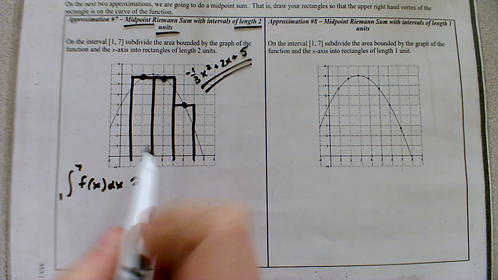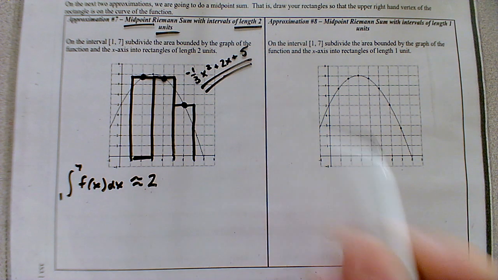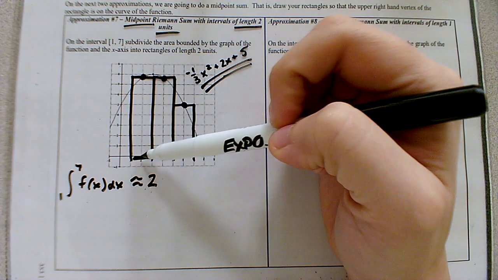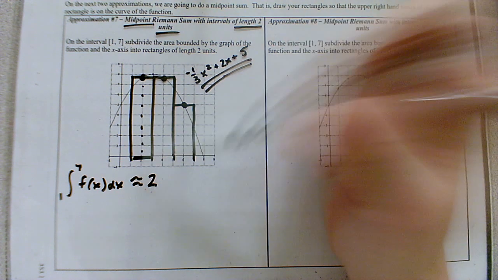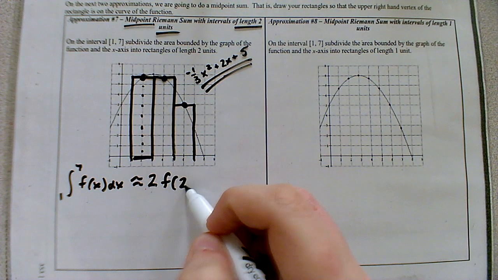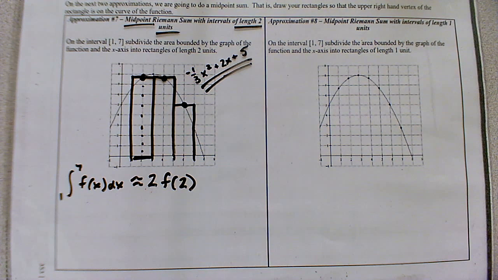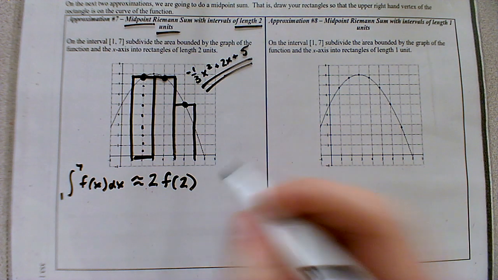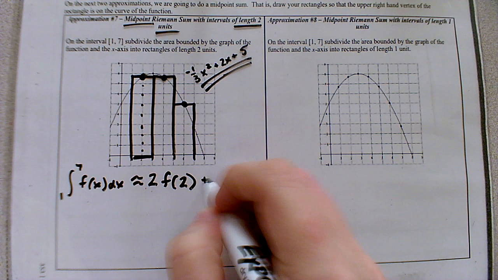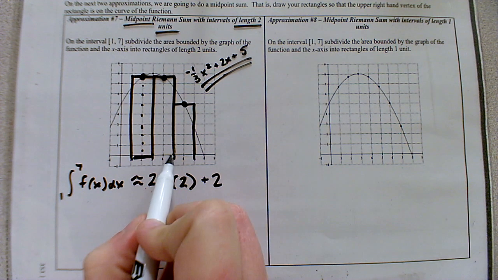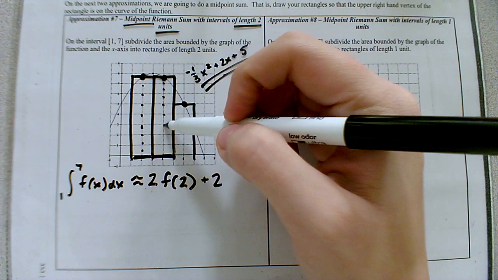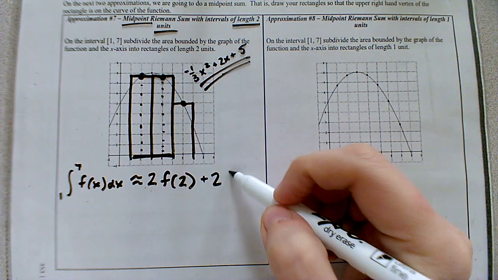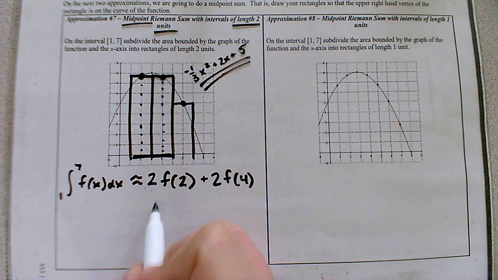So area of the first rectangle, our base is 2, and then the height that we're going to use is going to come from this midpoint, which had an x value of 2. So we have to plug in 2 into the function to get the height of that function. The next rectangle has a base of 2. Height comes from the function value at 4, so I'll have f of 4.